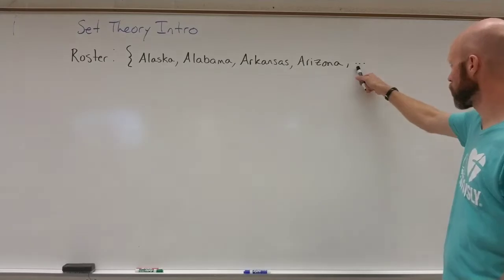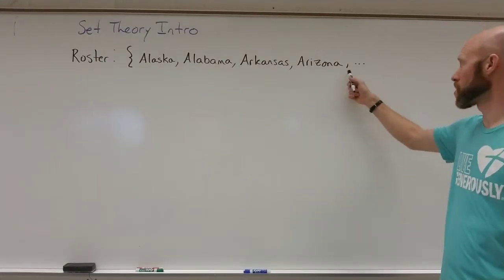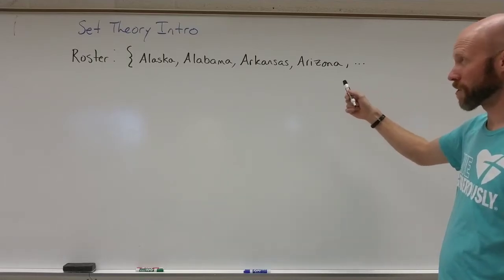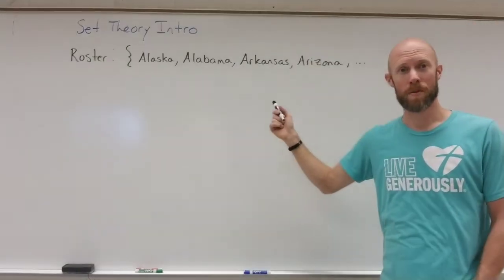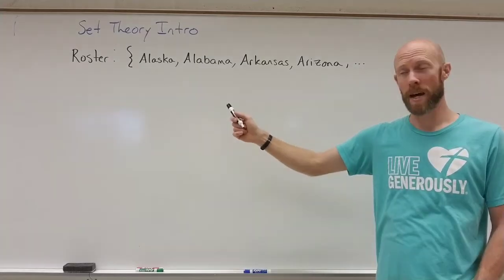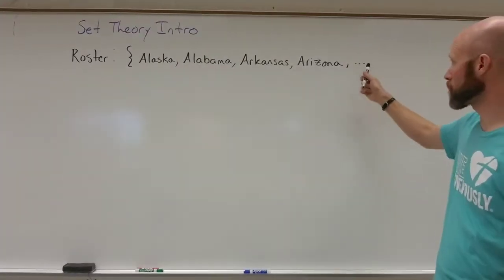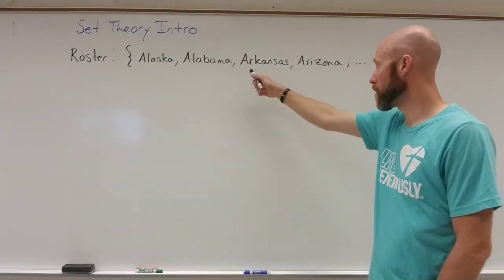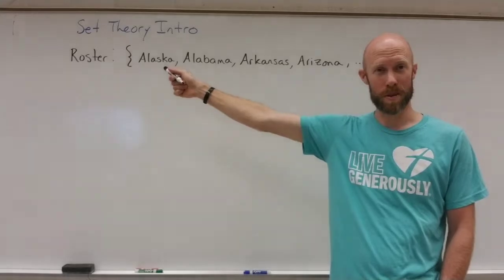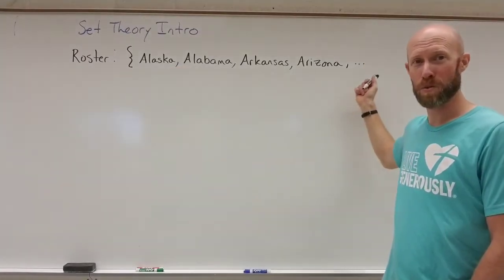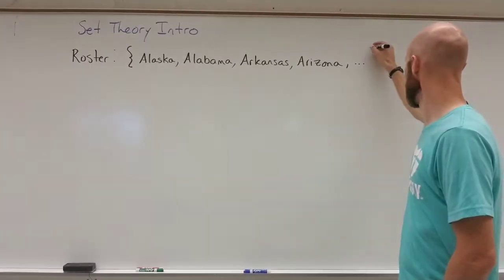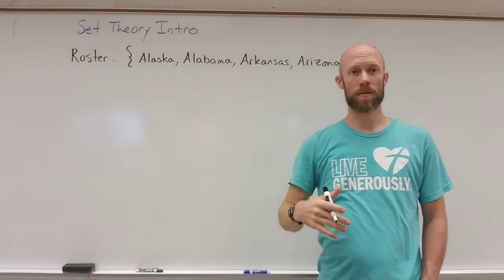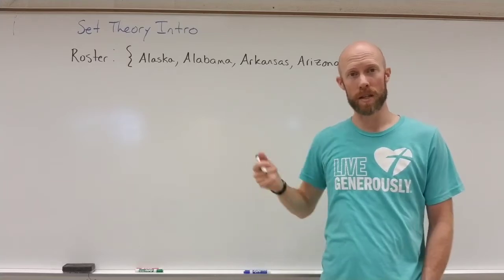In fact, I put the 3 dots here called an ellipsis, just to show that it keeps going without actually writing it in. Now, unfortunately, that's not sufficient for this particular set, because the ellipsis typically represents a pattern that continues. Well, all I have up here are states whose name starts with an A. If I were to just put the ellipsis and end it there, it's not very clear without me stating what it is I'm putting in this set.